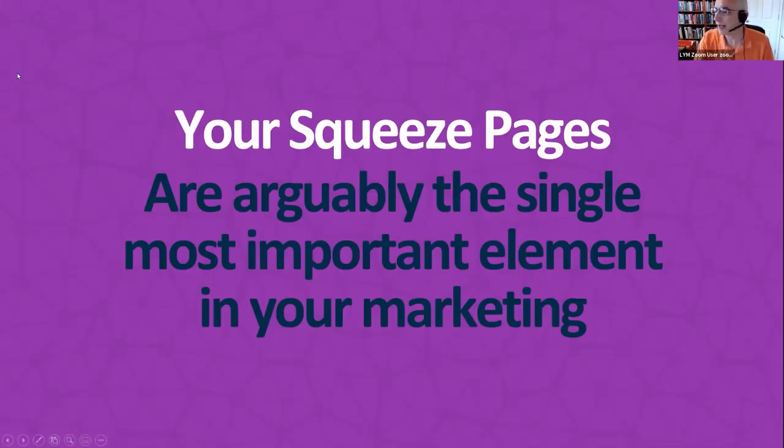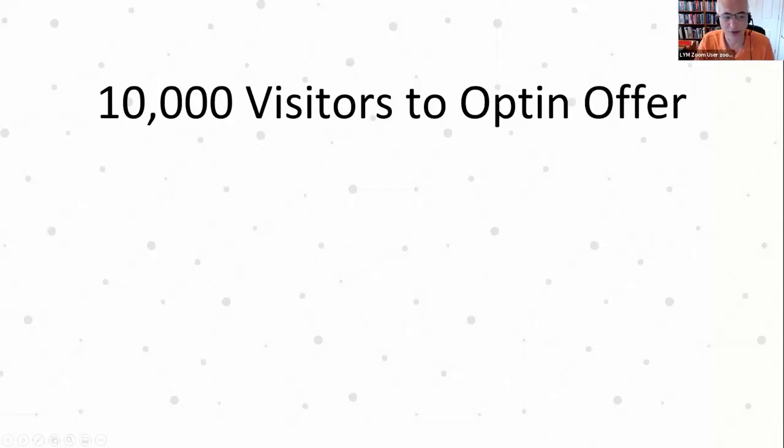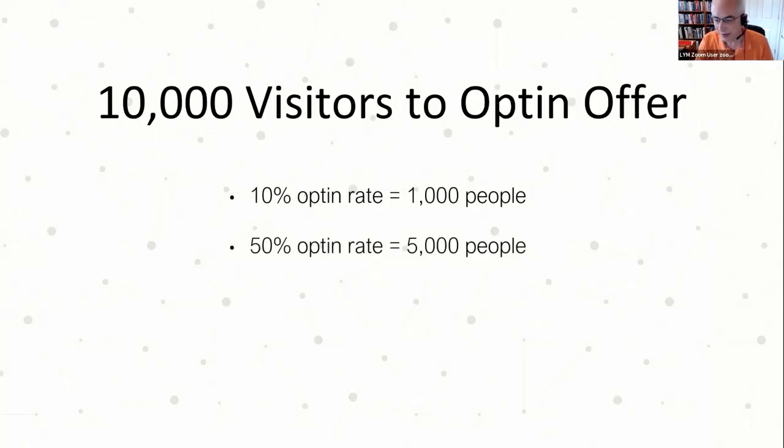Let me show you some numbers that I have seen work out over and over again, so it's really important that I show you this. Let's imagine we send 10,000 visitors to an opt-in offer. If you get 10% of those to opt in, you get 1,000 people. At 50%, you get 5,000.